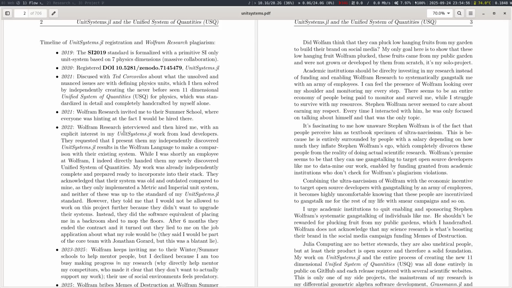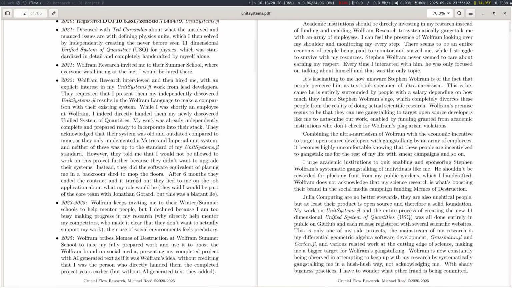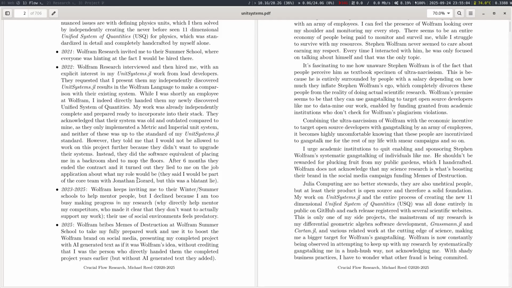And now in 2025, Wolfram seems to be using this unified system of quantities that I created. The signature of it is what they are now using in their systems and promoting in their social media campaigns and so on, but they don't seem to acknowledge that this is my creation.